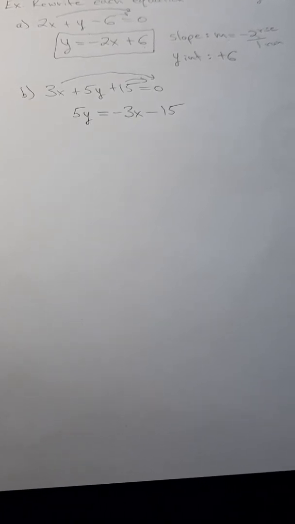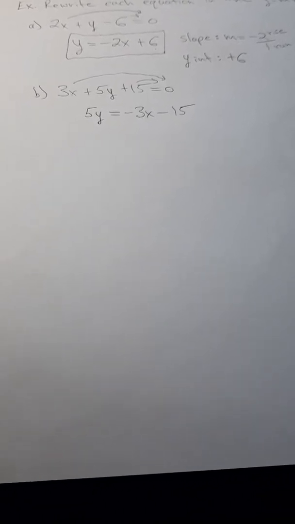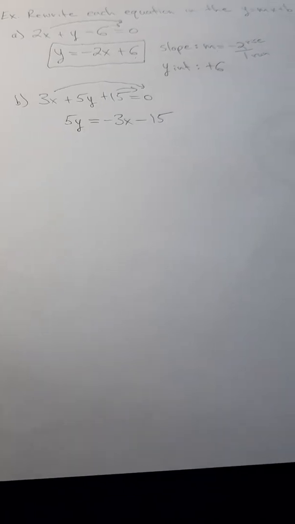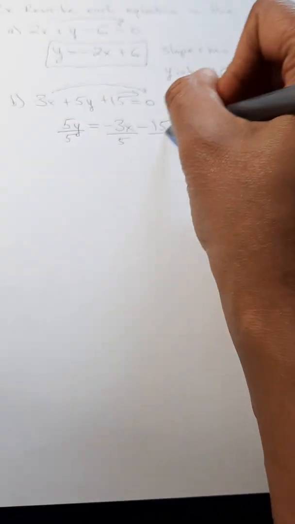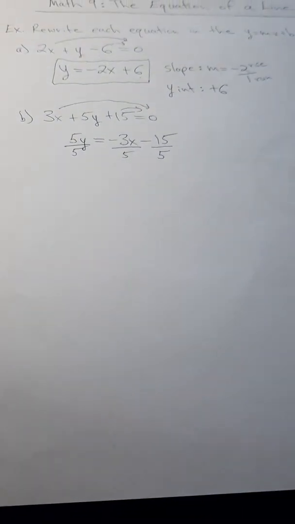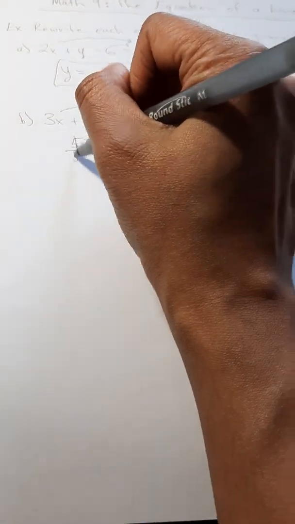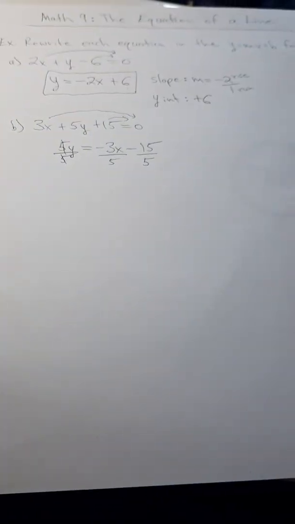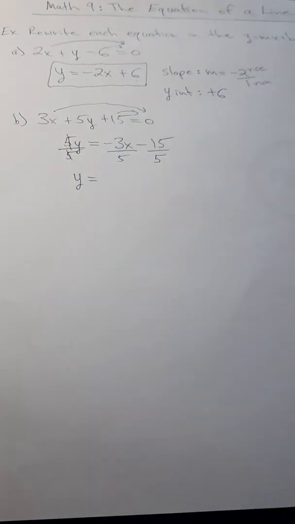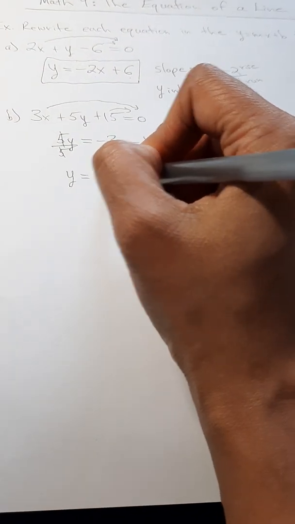Now, however, you can't just leave your answer like this. In the slope-intercept form, or the y equals mx plus b, the y has to be by itself. So what we're going to do is divide each of these terms by 5. And I notice the 5 cancels out. Then we're basically just left with, if it is a fraction, you're just going to leave it the same. So we're going to leave negative 3 over 5x.